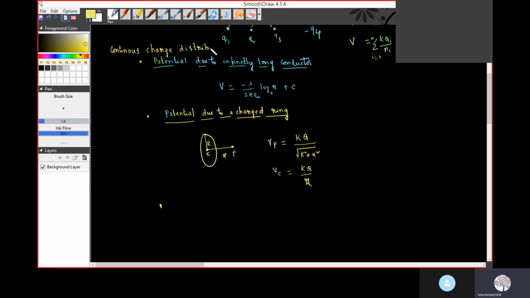So we were discussing continuous charge distribution: potential due to an infinitely long conductor, potential due to a charged ring, then potential due to a charged conducting sphere.